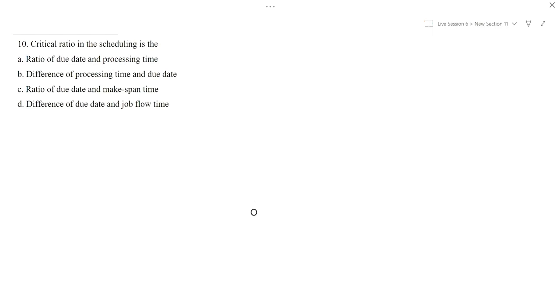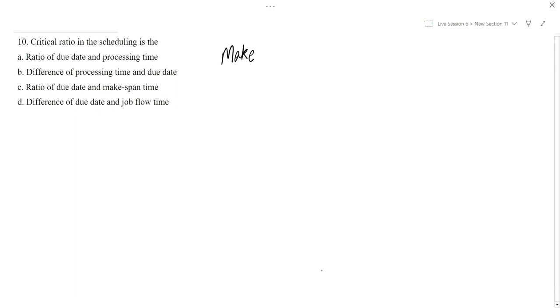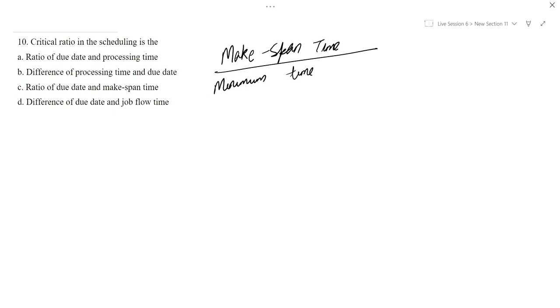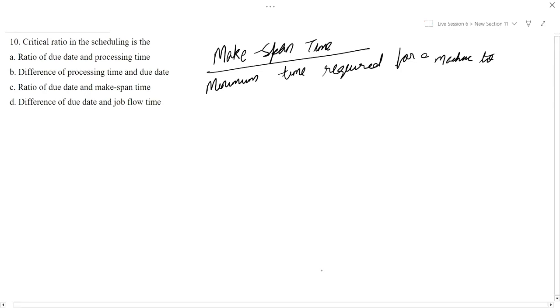Okay, the options are different as compared to the previous question. Here it is the ratio of due date and processing time, ratio of due date and make span time. What is make span time? Make span time is the minimum time required for a machine to complete a set of jobs.